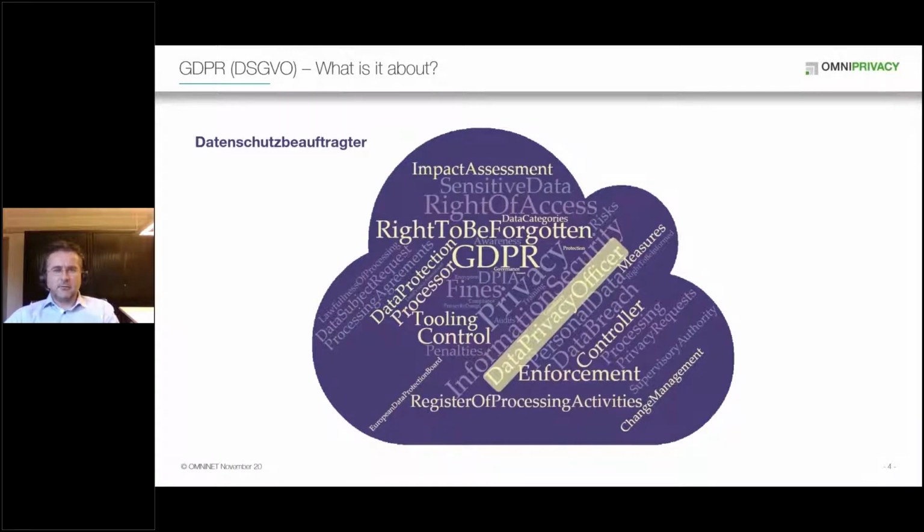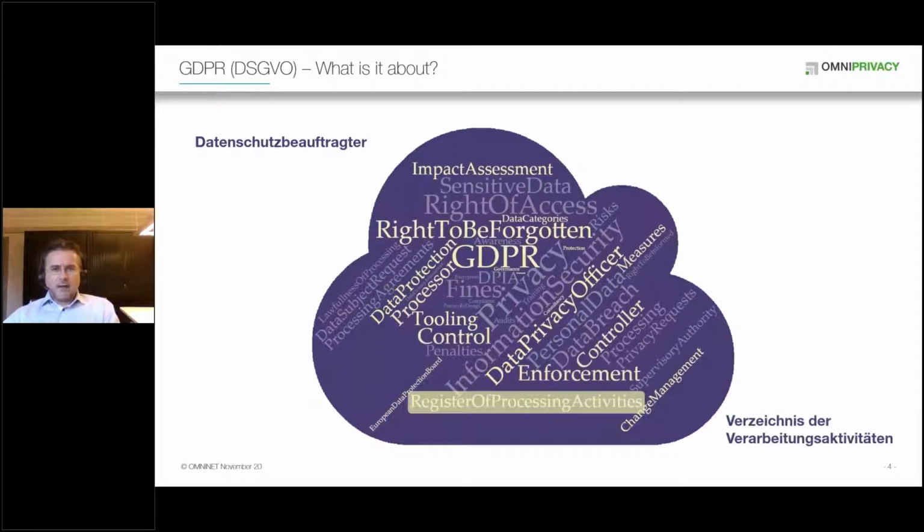First of all, every organization needs to appoint a data privacy officer, or a Datenschutzbeauftragter. You also need to have a register of processing activities, ein Verzeichnis der Verarbeitungsaktivitäten. It means that all processes where you treat and store personal data should be documented and updated all the time.